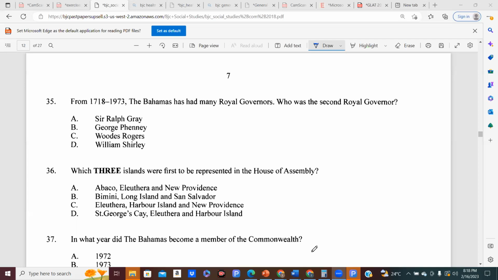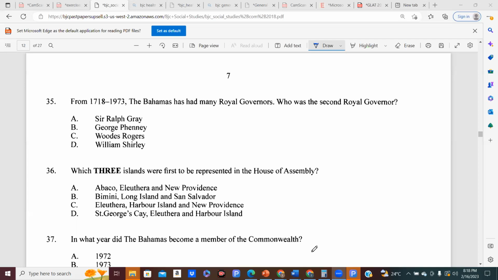He came after Woodes Rogers. So the second royal governor of the Bahamas was George Finney. Please write that down. That's number 35. Do you have that down?